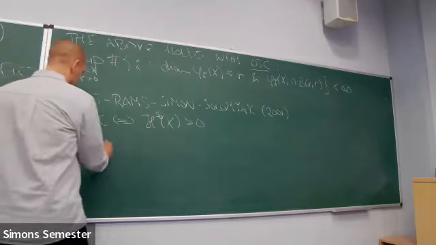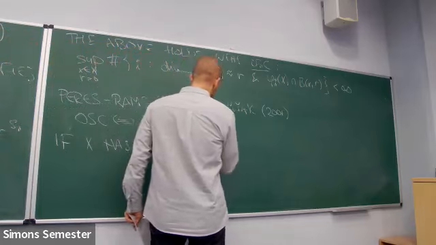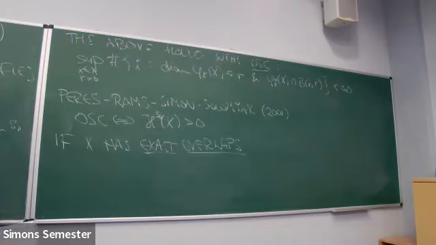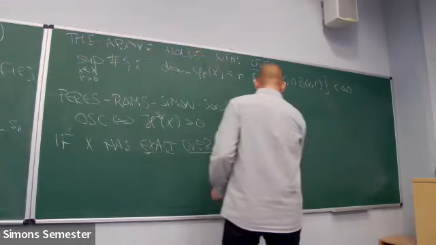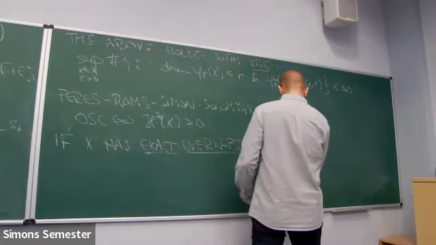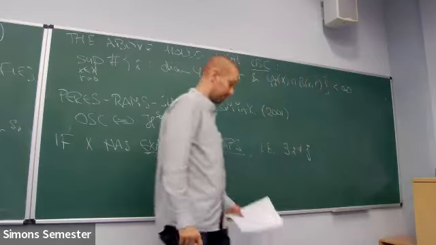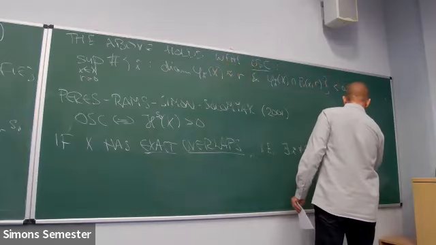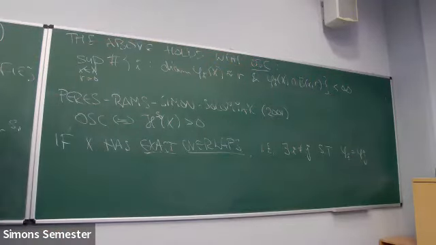So if X has exact overlaps, or complete overlaps, as Karoly called them, it means that there are words i and j such that the corresponding compositions of maps are the same.